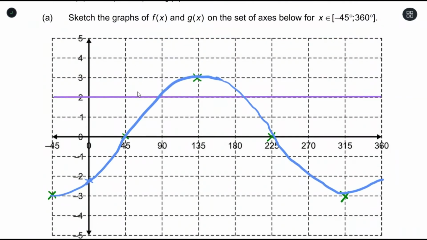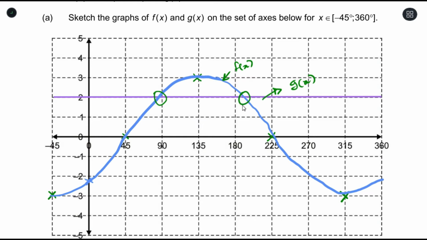As you can see, this is the graph of g(x), and this is the graph of f(x). They only intersect twice. They intersect here, and they also intersect here. Now, this is very close to 90, so it makes sense if this is 86,8. And this one here is just a little bit after 180, so it also makes sense if it is 183,2.